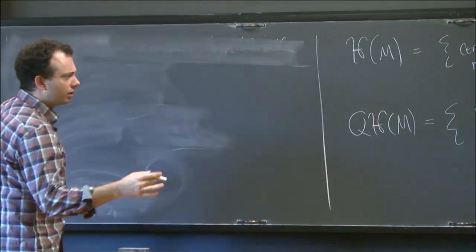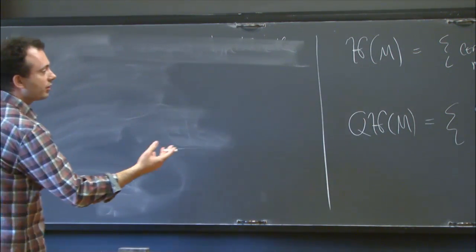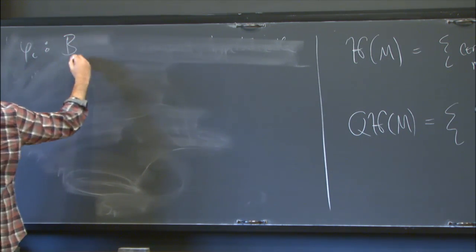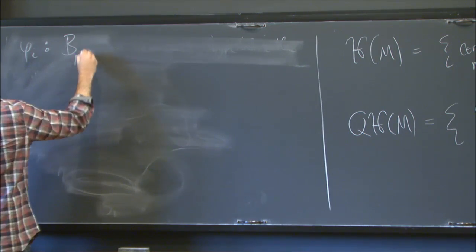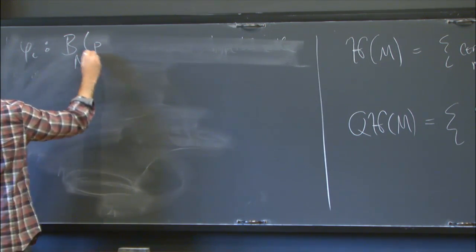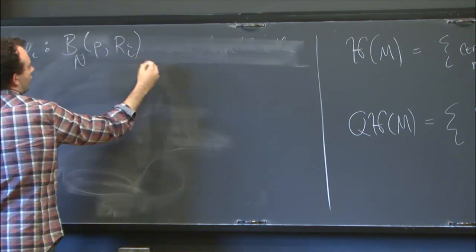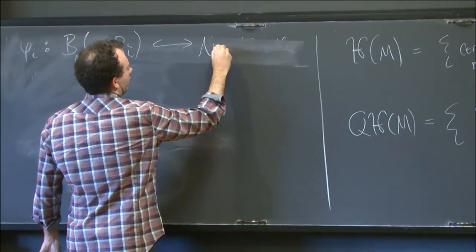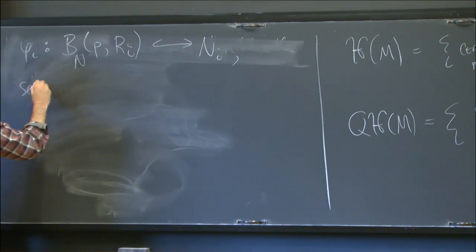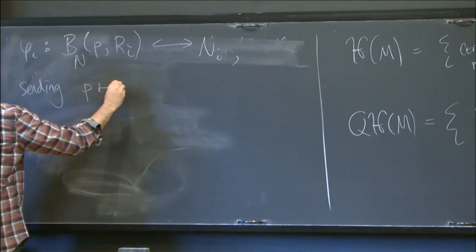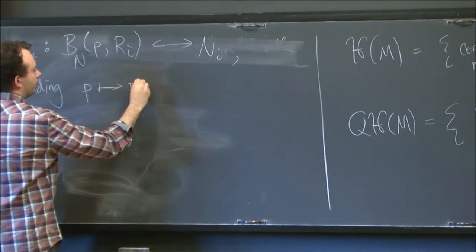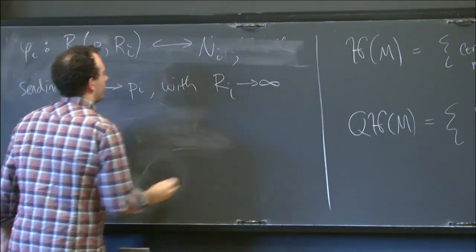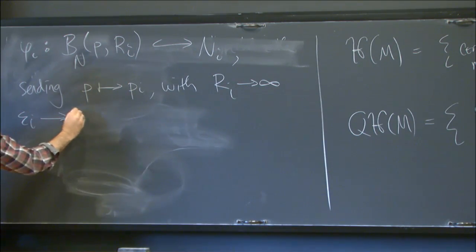So there exist 1 plus epsilon i bi-Lipschitz embeddings phi i from a ball in N around the base point P of radius Ri into Ni, sending P to Pi, with Ri going to infinity and epsilon i going to 0.